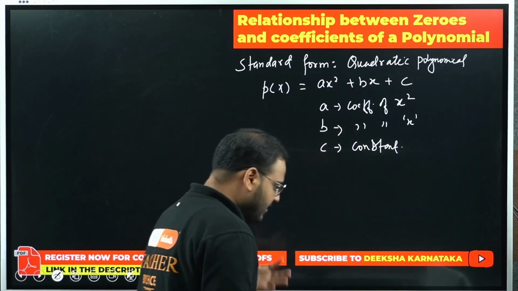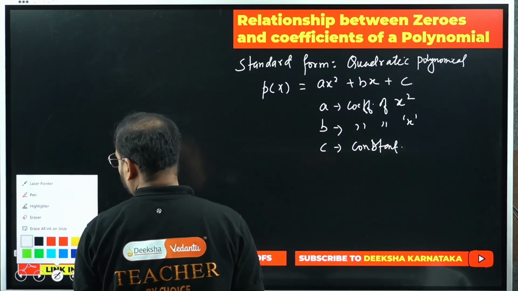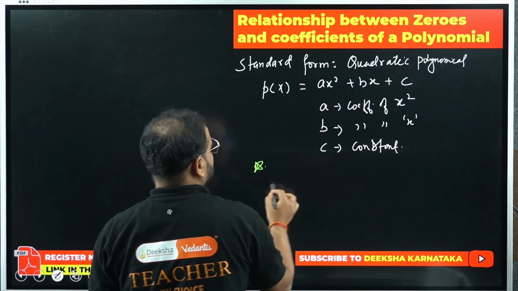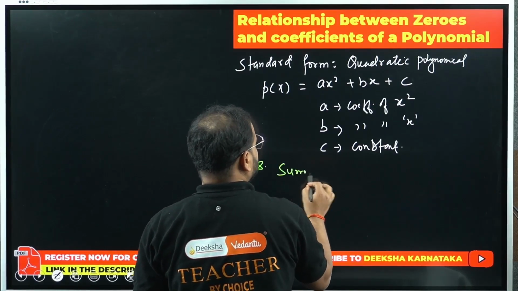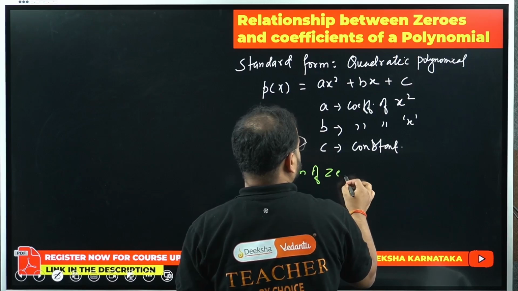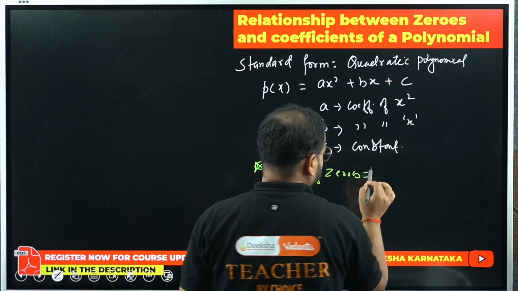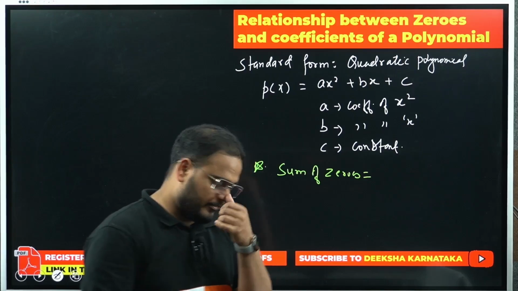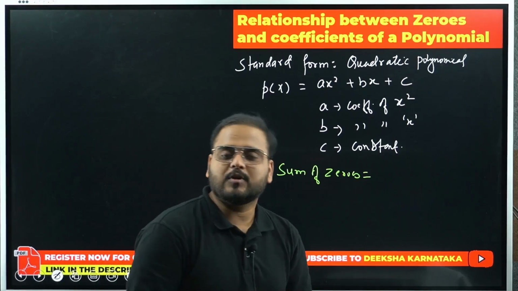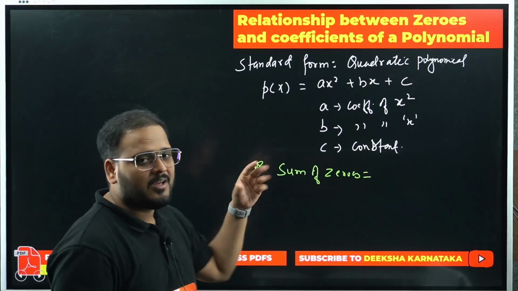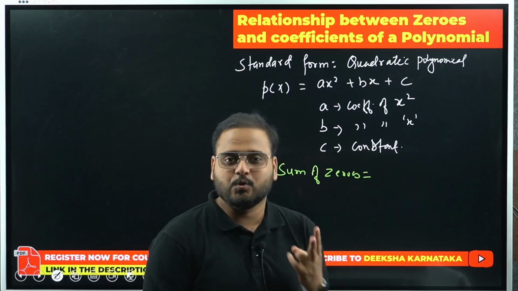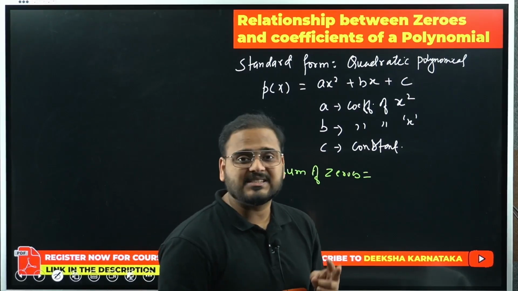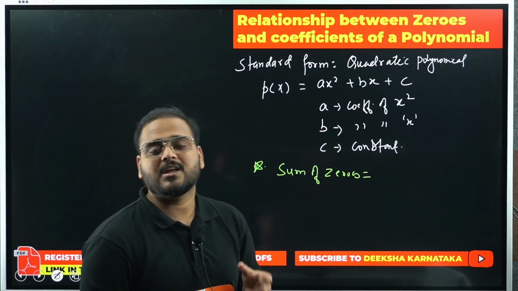Now the relationship goes like this. We have only two but very important relations. First, the sum of zeros. We talked about this in the types of zeros category, in session number 1 of the polynomial, that for a quadratic polynomial there can exist a maximum of 2 zeros, only 2 such values of x where the polynomial will be equal to 0.